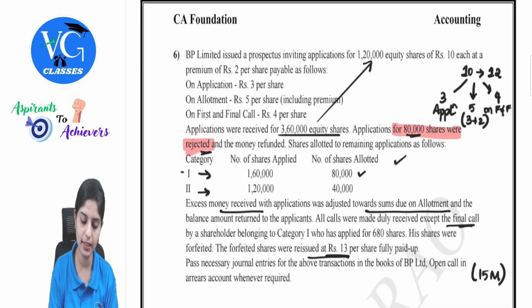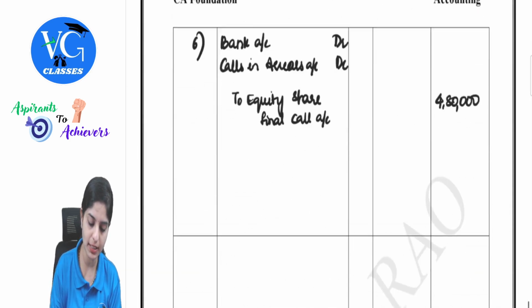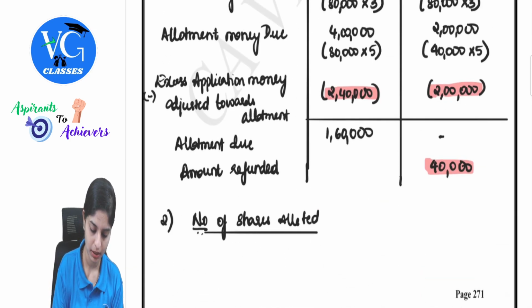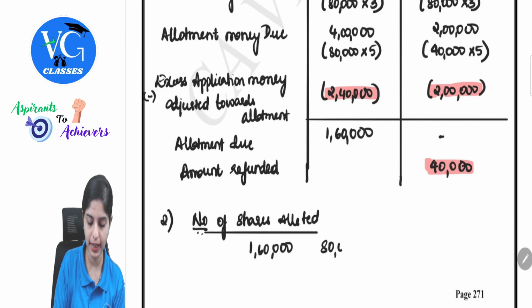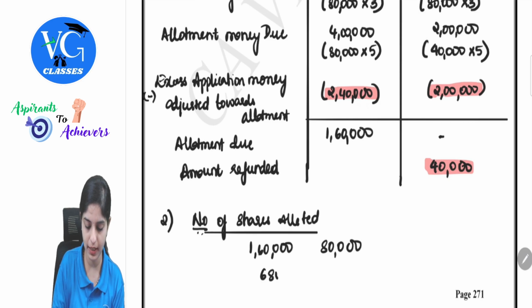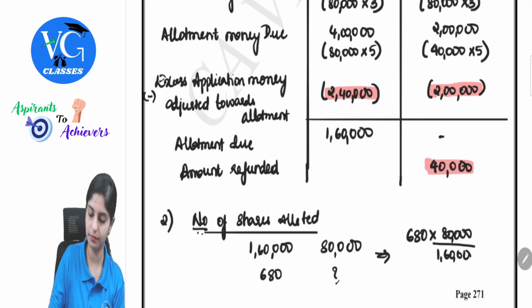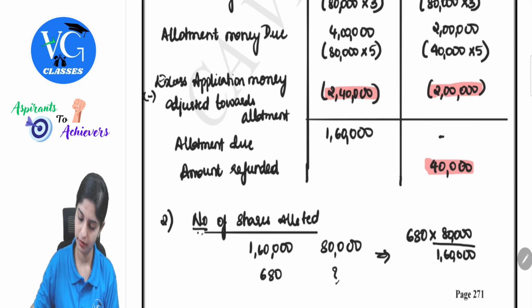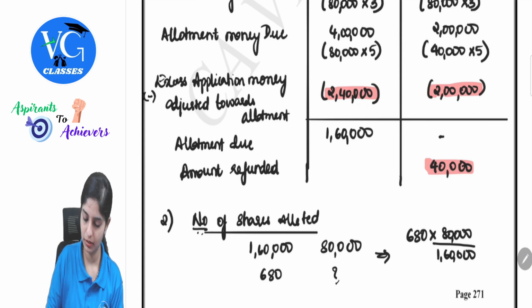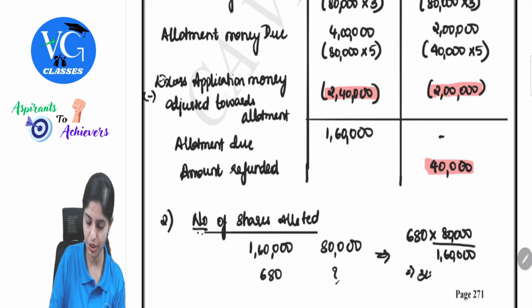For 1,60,000 applicants, they are allotting 80,000. Means for 680, how much? So this will be 680 into 80,000 divided by 1,60,000. This will be 340 shares.